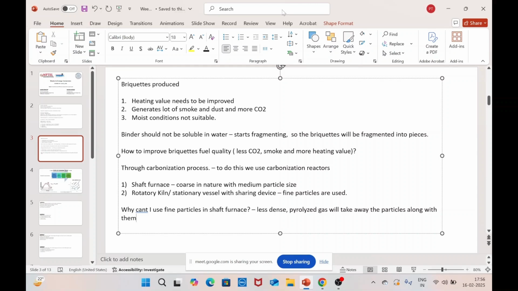Again, as I said, we need to make sure that the amount of power generated through this power plant is more. We need to extract almost all of the energy. Our goal should be to maximize the energy output from the raw material that we feed in.